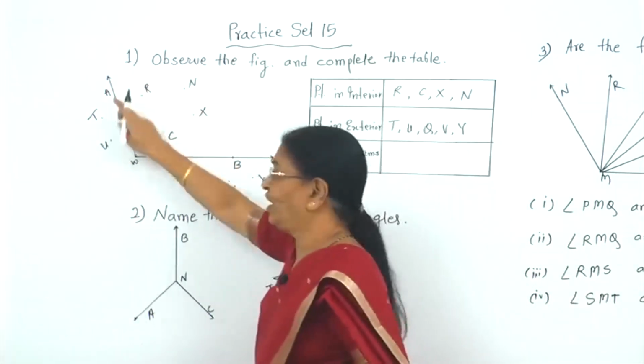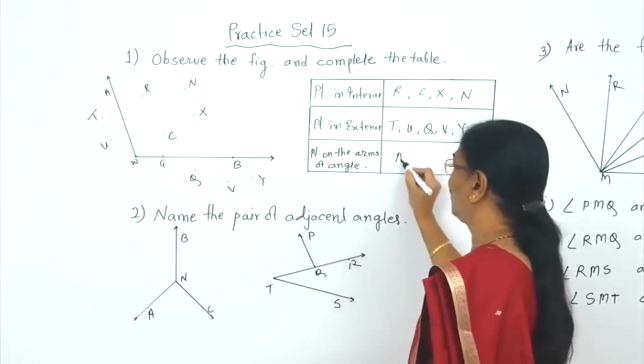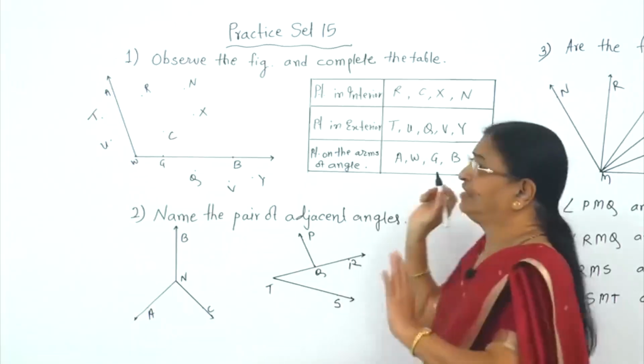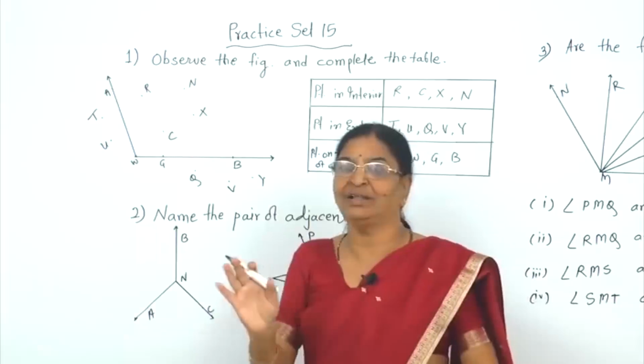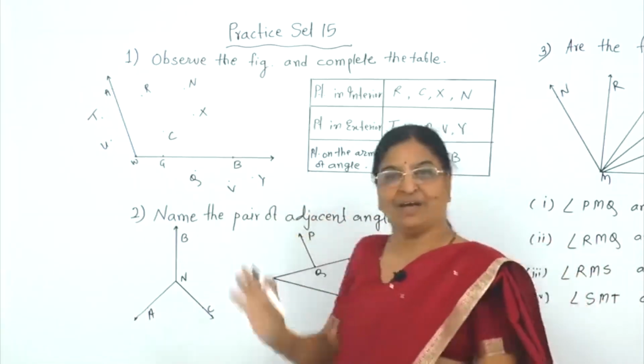So A is on the arm, W, G and B. Thus we have completed the table. The table means only the classification of points from the figure.